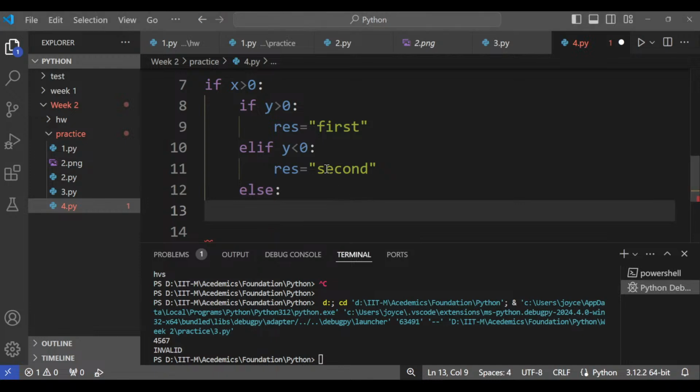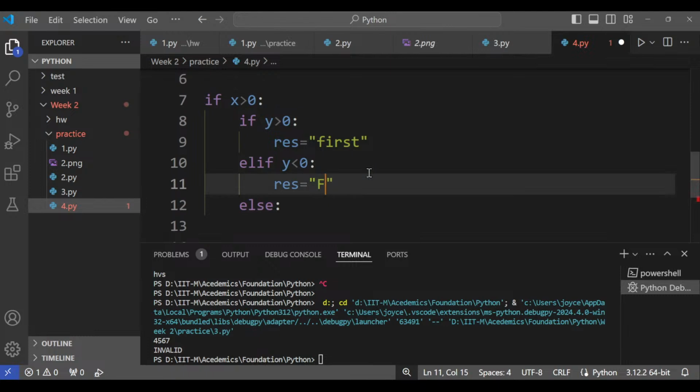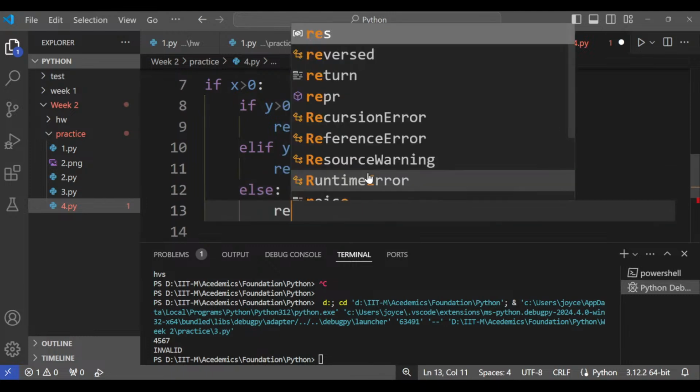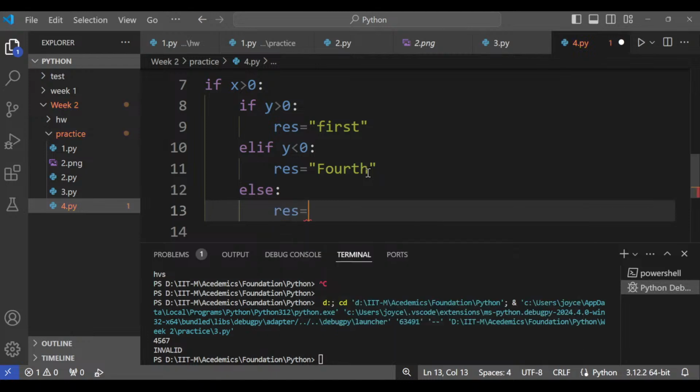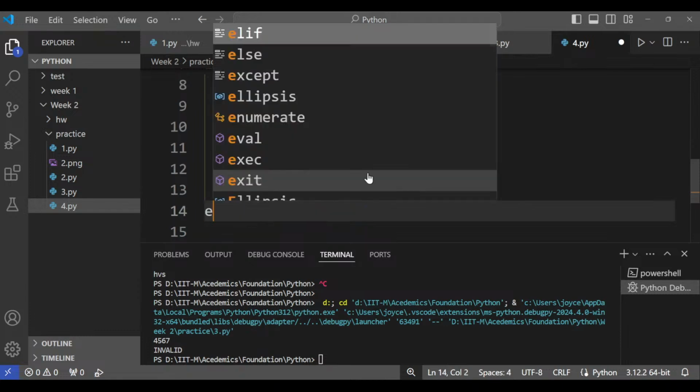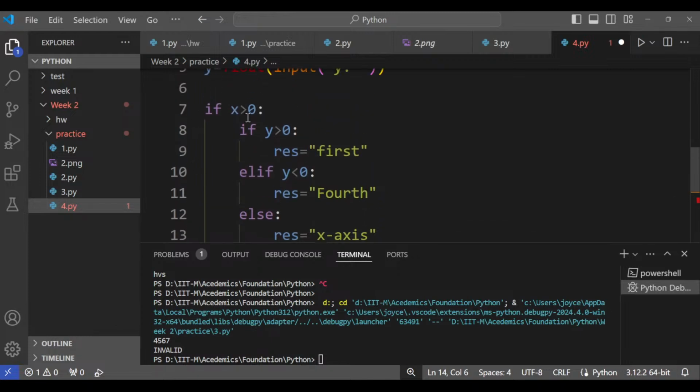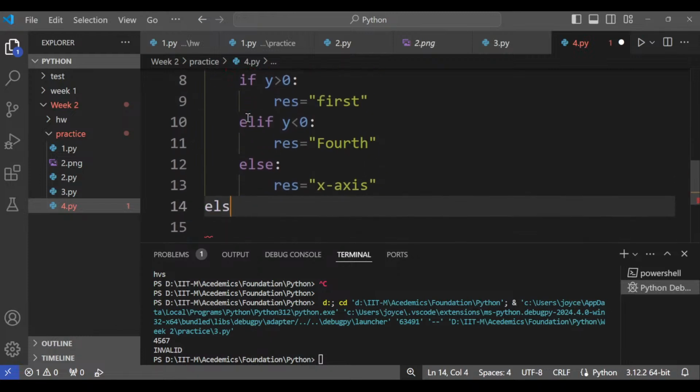No, it is fourth. I'm really sorry. This is fourth. So your res equals x-axis. Okay, cool enough.